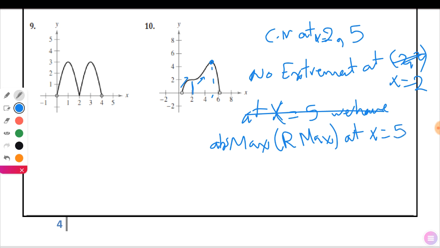You can write this. Clear or not clear? At any critical number, we have an extremum if the behavior of the function changes from increase to decrease, or decrease to increase. Otherwise, we don't have extrema. That is the condition.